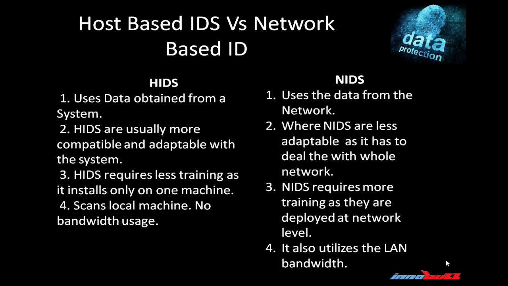HIDS requires less training as it is installed only on one machine, whereas NIDS requires more training as it is deployed at network level. HIDS scans the local machine, and in this scan no bandwidth is used, but NIDS utilizes the LAN bandwidth.